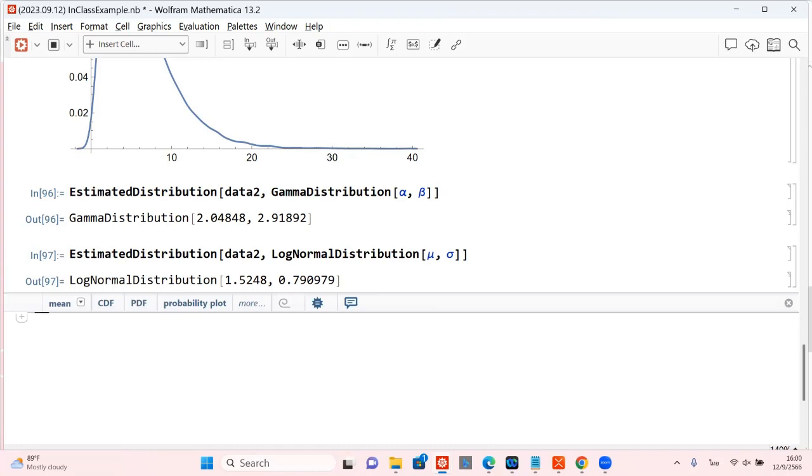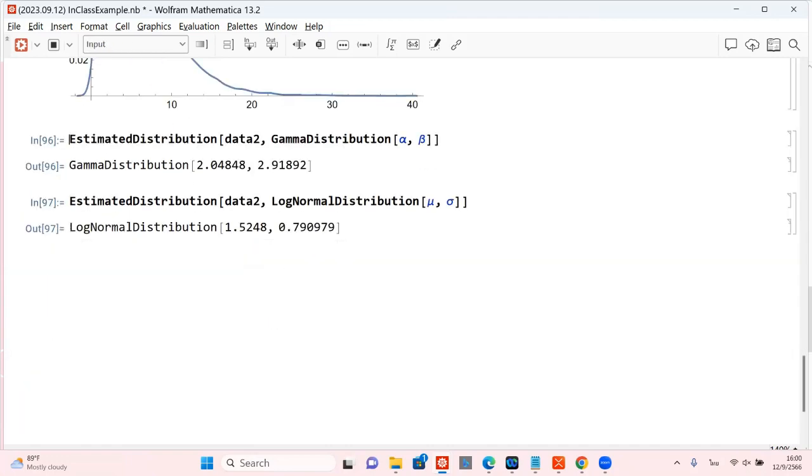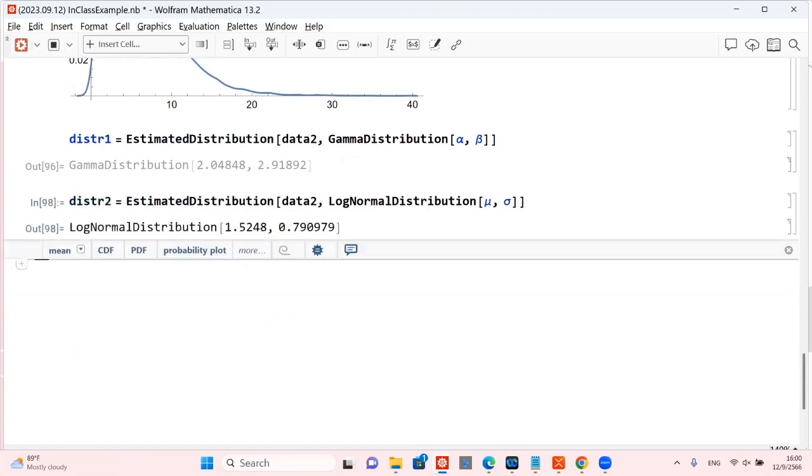It turns out, well, actually, we can do this. We can say DIST1 equal to this, and DIST2 equal to this.